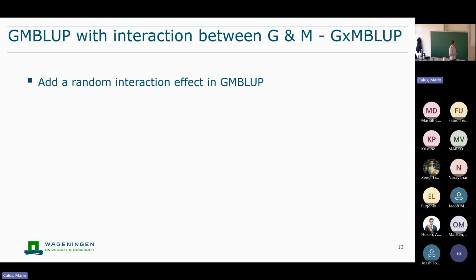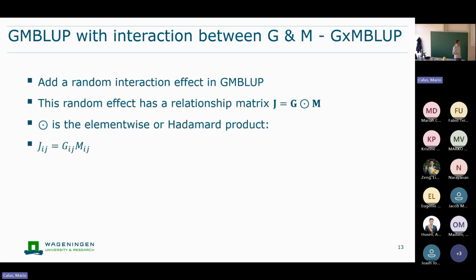So if we want to capture the interaction between the genotypes and the methylation, the easiest thing is to just add in a random effect for that interaction. And this random effect has a relationship matrix, which I call J here, that can be computed by taking our G matrix and the M matrix and doing an element-wise, so-called Hadamard product between the two matrices.